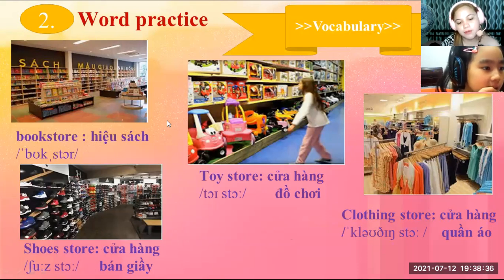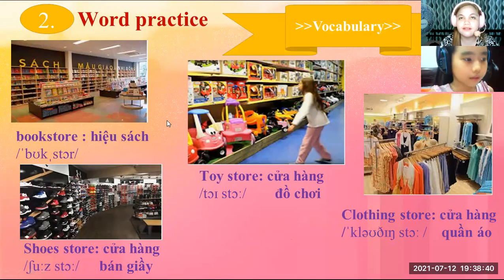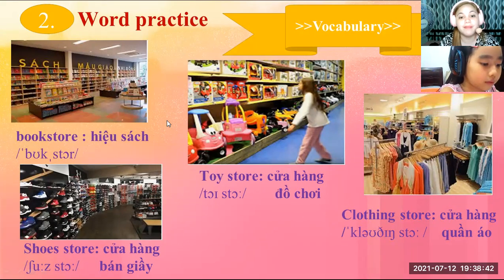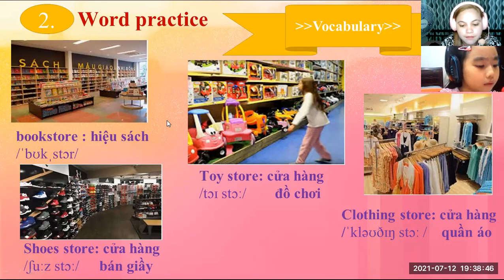All right. So there's bookstore, toy store, shoe store, and clothing store. So which among these do you like the best? I like toy store. Okay, you like the toy store and bookstore. Why do you like them?